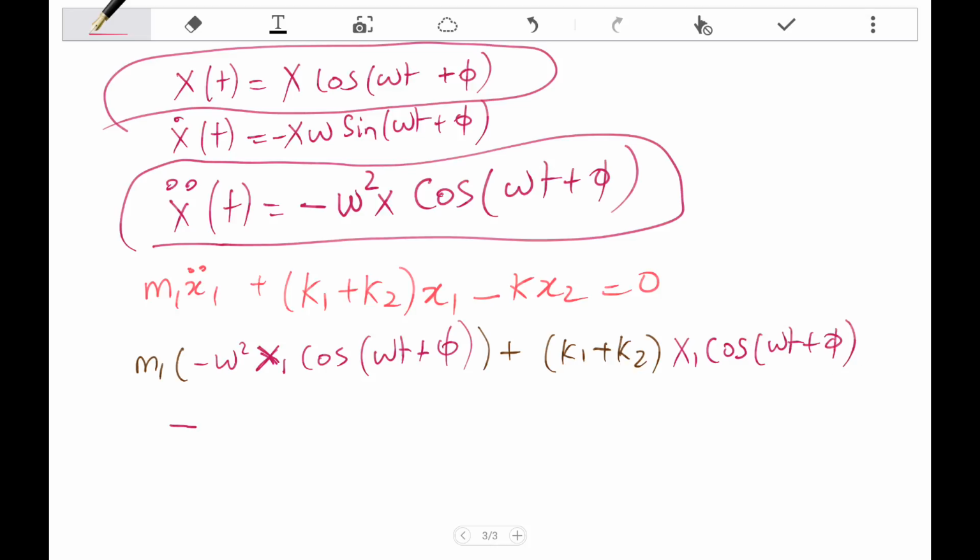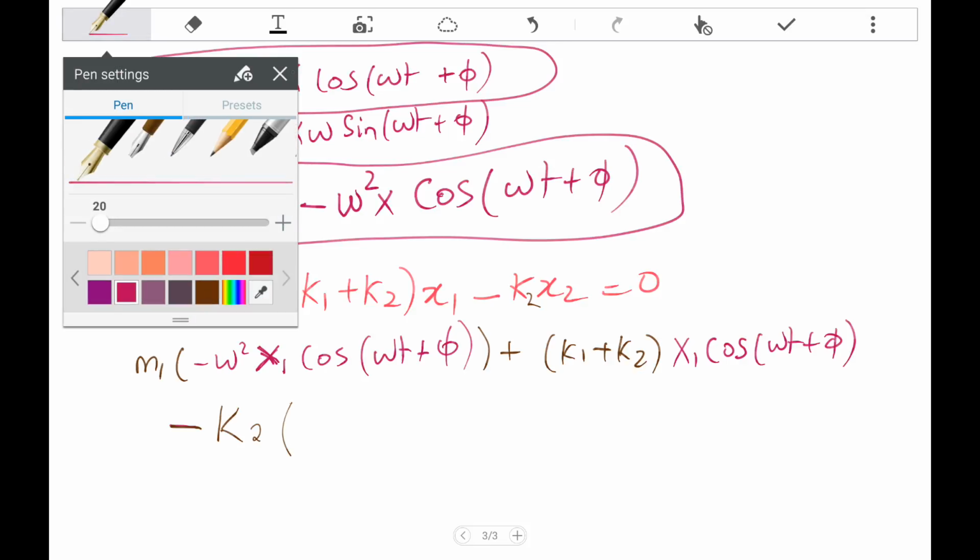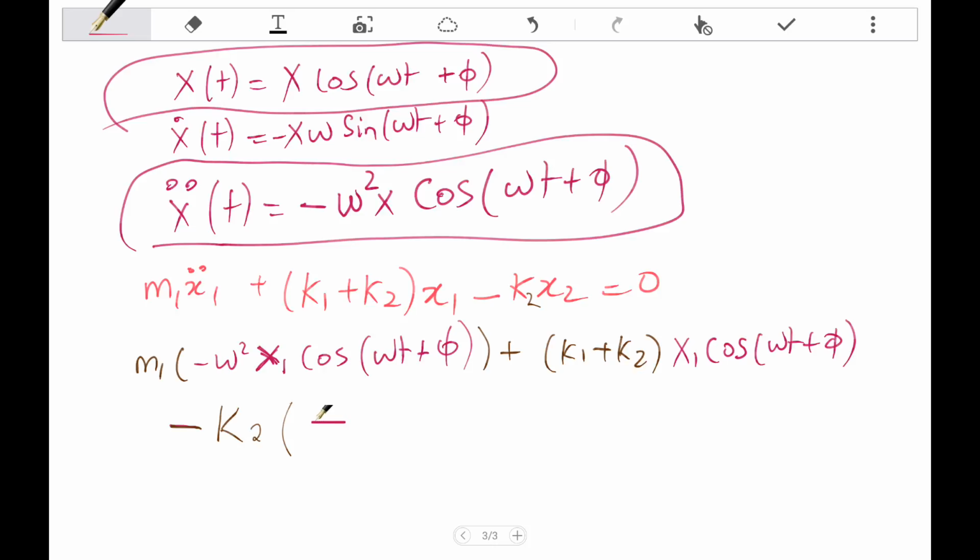And then negative k2, that's x2. See that's x2, that's x1, so just watch out for that.